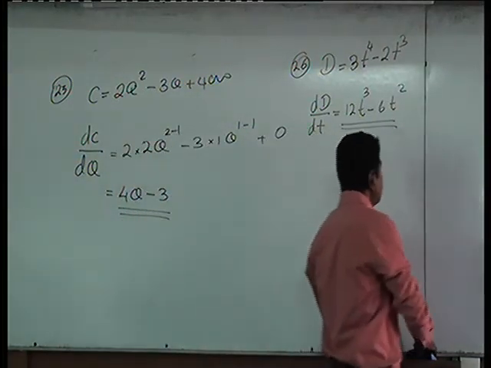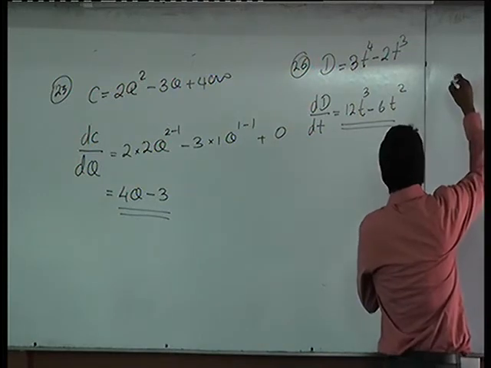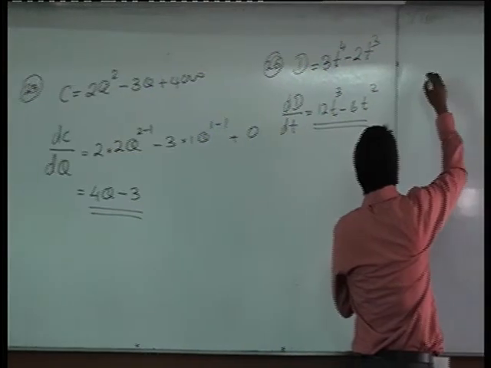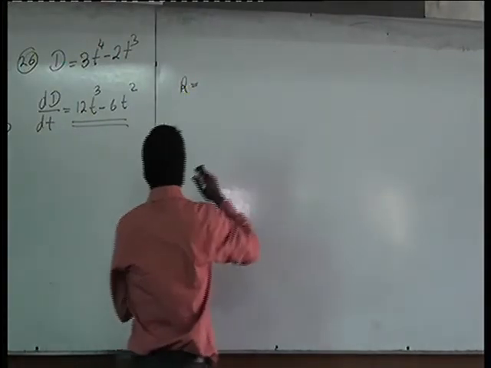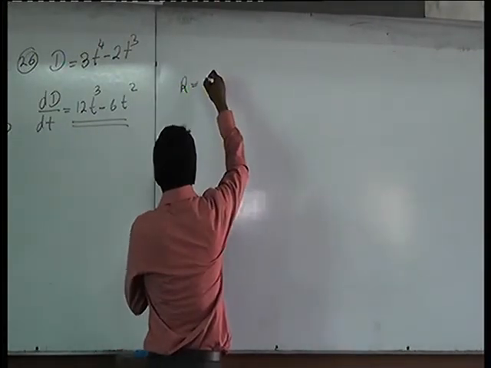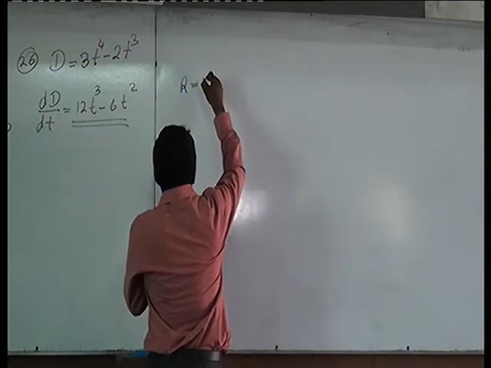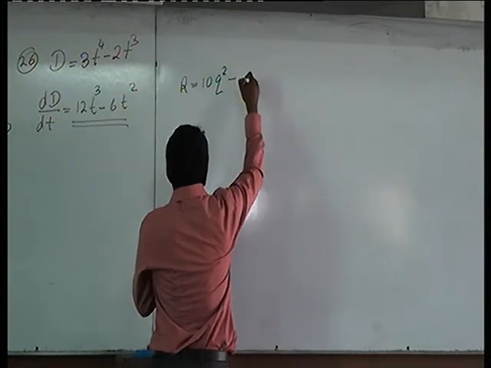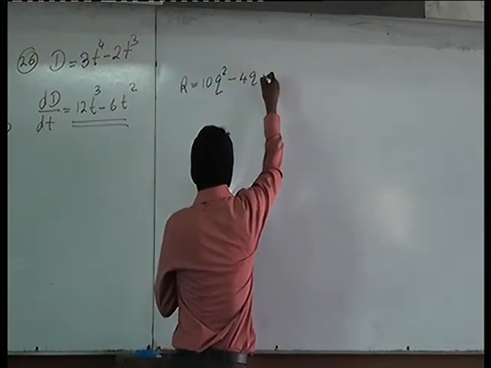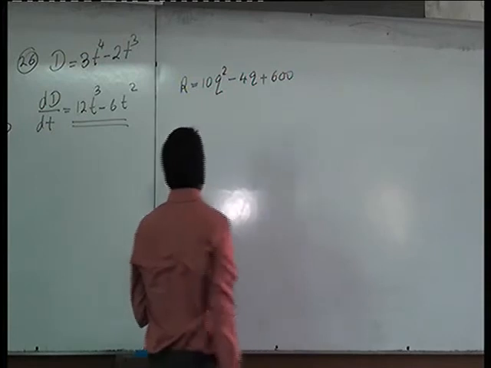Another variable, say the revenue is equal to 10q squared minus 4q plus 600.